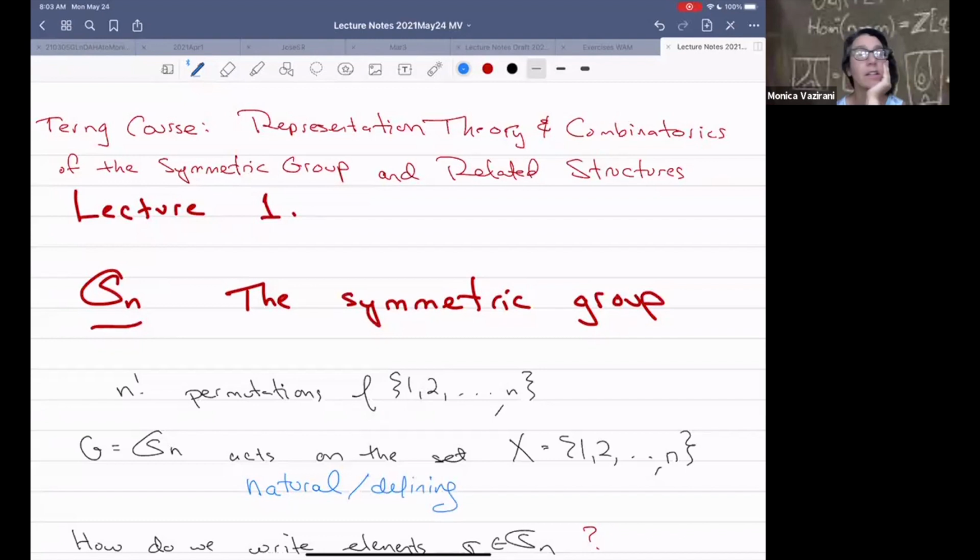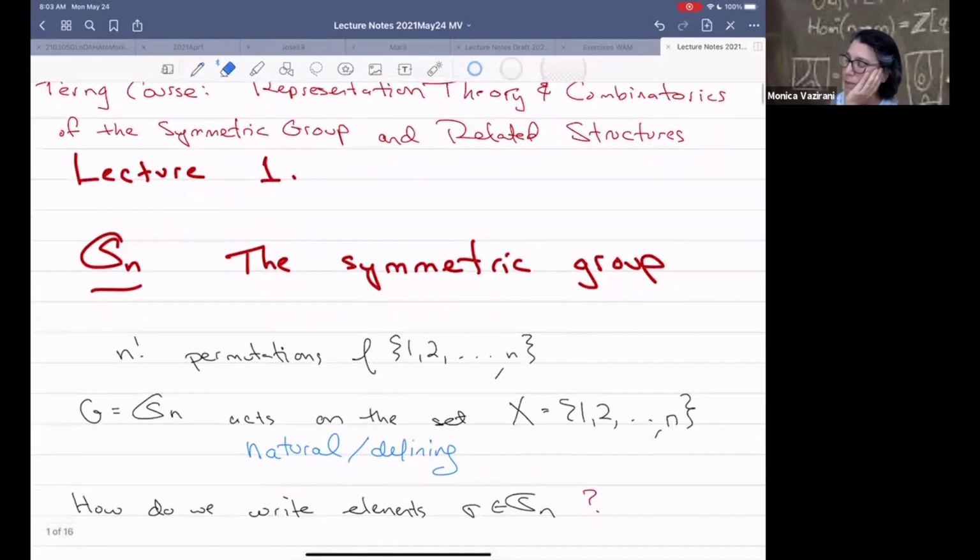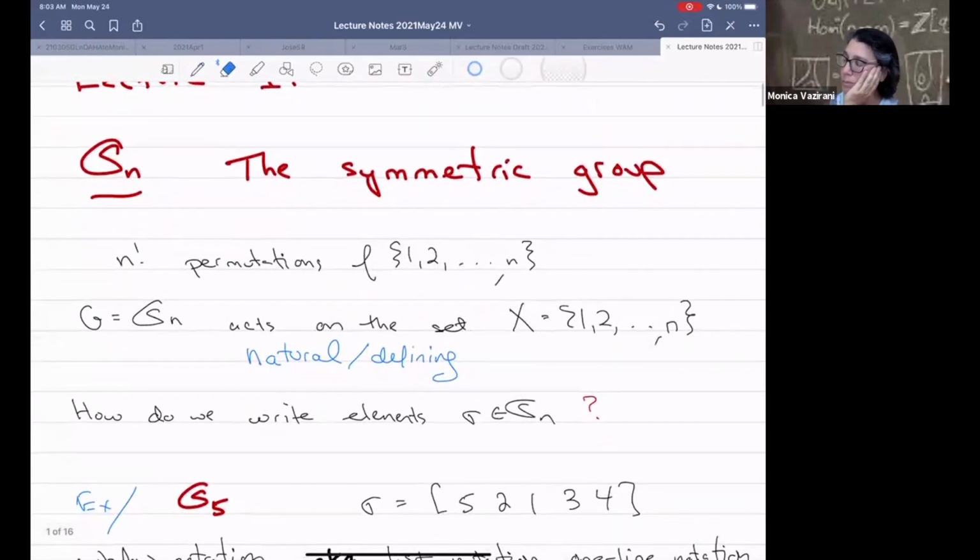I think we had a little bit of review on the weekend about group actions. So what's our favorite way to write the elements in the symmetric group? Well, one way is as a permutation. If I have 1, 2, 3, 4, 5, I'm writing them in some new order, like 5, 2, 1, 3, 4. But remember, a permutation is a bijection, so I can also think of it as a map.